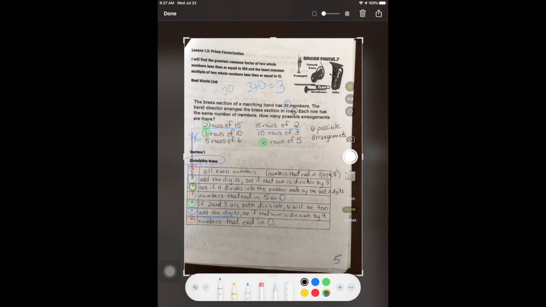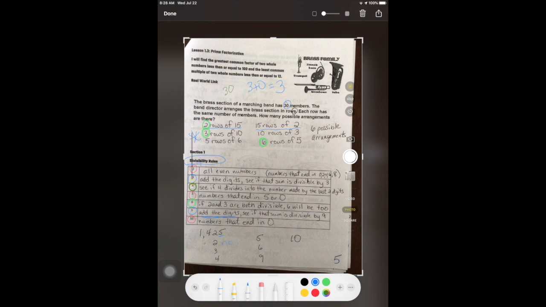Okay, let's do an actual example of using these divisibility rules. So let's say I have the number 1,425. Okay, so 2, 3, 4, 5, 6, 9, and 10. We're going to see if these numbers are divisible. So I'm going to do 2, 5, and 10 right away. All I do is look at this last digit right here.